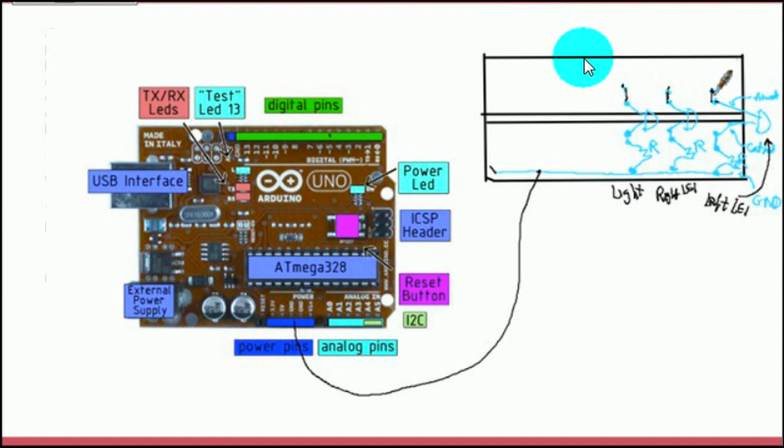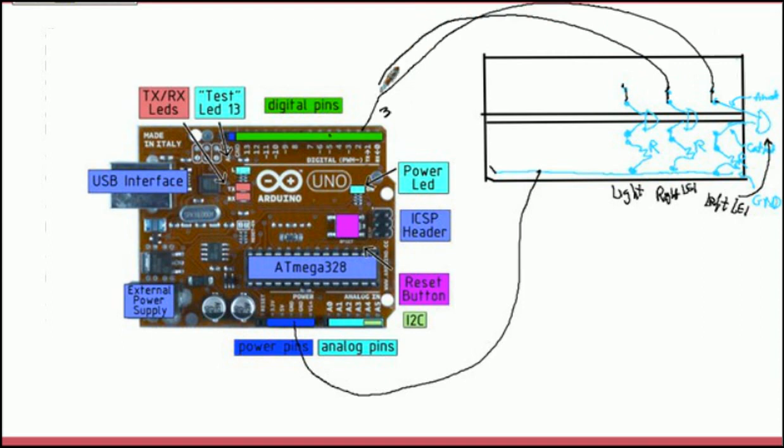This should go to pin 3, this should go to pin 4. I'm sorry, the interior light should go to pin 5, the right LED to pin 4 and the left LED to pin 3.